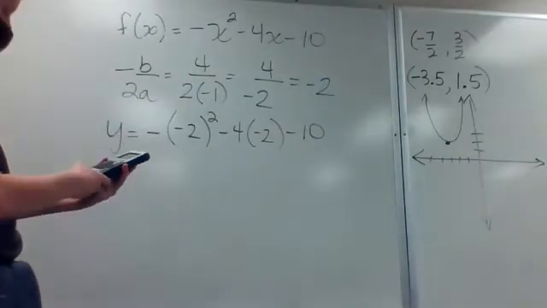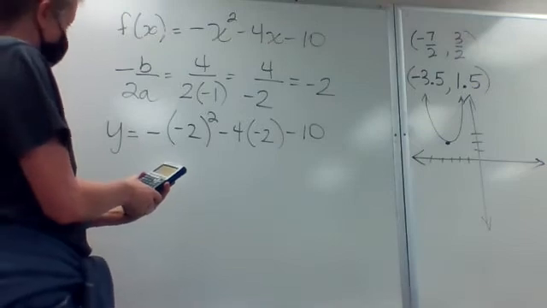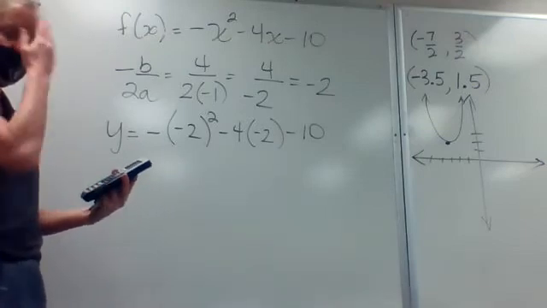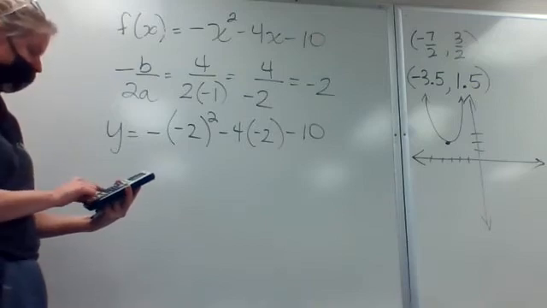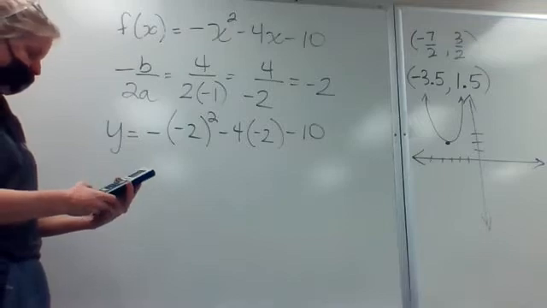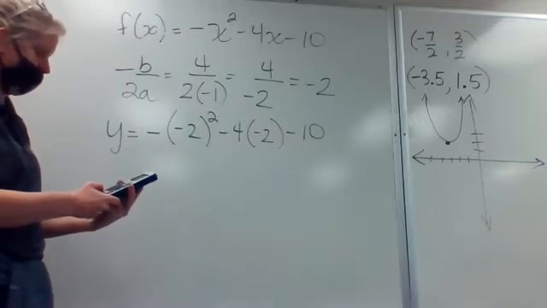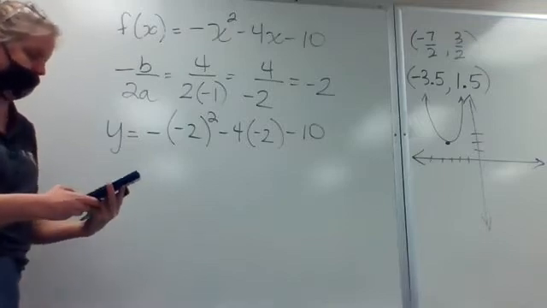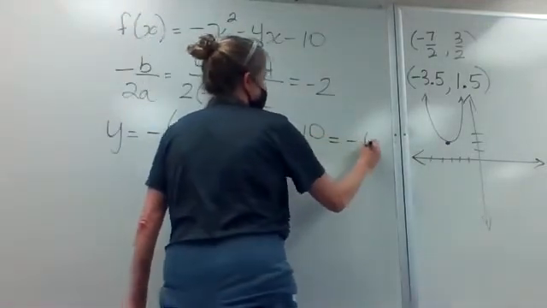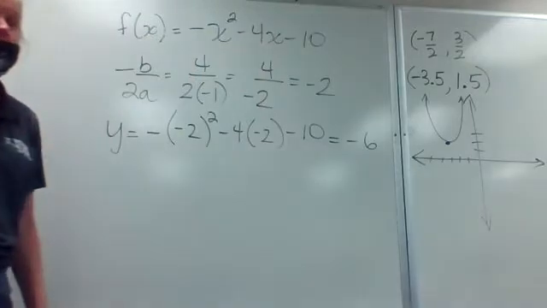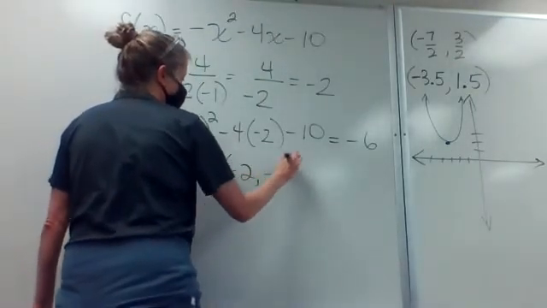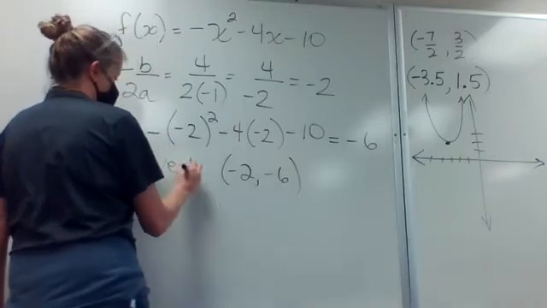So just negative, open parenthesis, then -2, close, and hit your x squared button. Minus 4, open parenthesis, -2, minus 10. That gives me -6. So your vertex is at -2, -6.